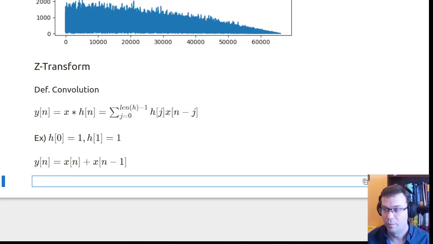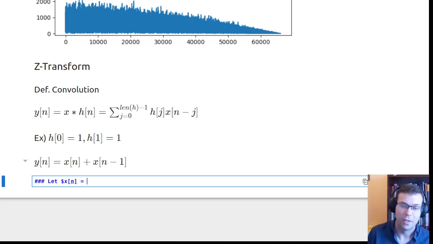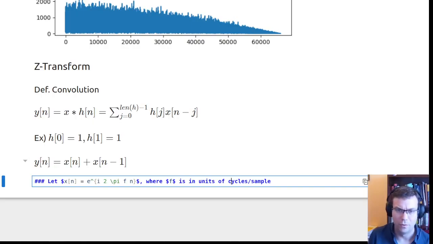So what I'm going to do here is let x of n be a phasor, and I'll say it'll be just e to the i 2 pi f n, where f is in units of cycles per sample. And so that means that f has to be between 0 and 0.5.